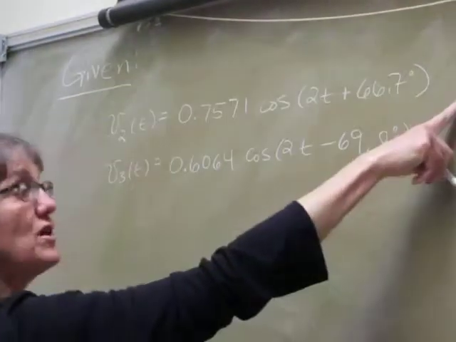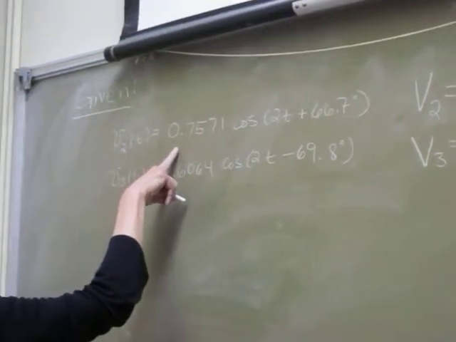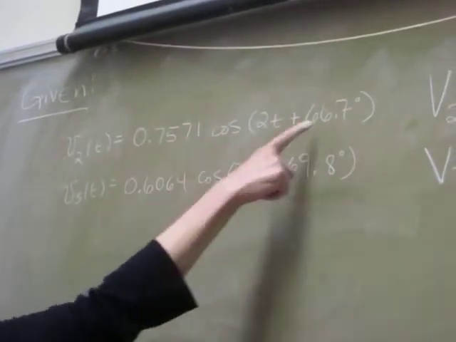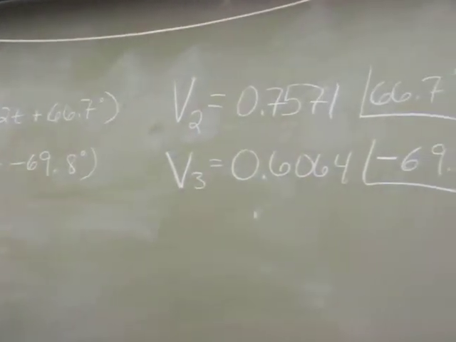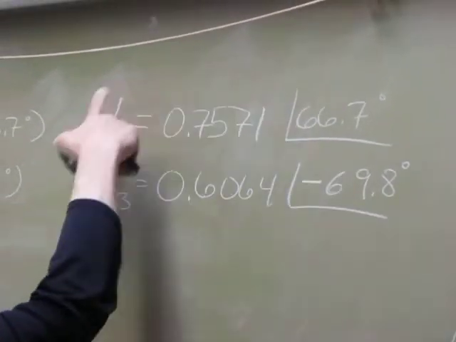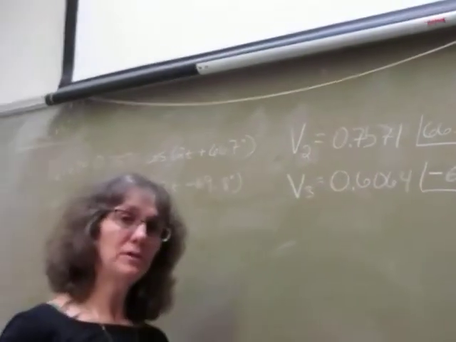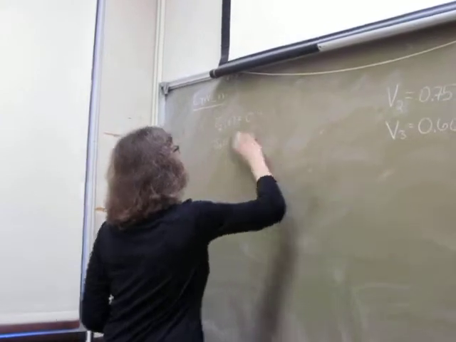Okay, so here's the phasor representation of that same voltage. Here's that voltage in the time domain. It's very easy to go back and forth because all you need to do is look at the magnitude and the phase angle. And that's all you need for this complex number here. And what is this? This is the complex number in polar form. If you don't know what I mean by that, go review your complex numbers.